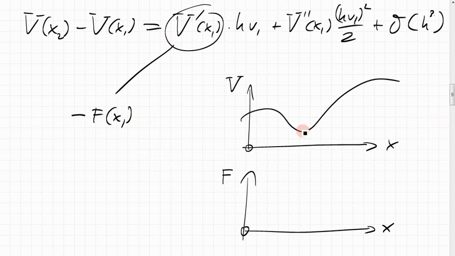When we're sitting here in that valley, and we're trying to move a little left or a little right, we should not be experiencing any force. So the force would be 0 here. Same thing on top of this mountain. If you move left and right on the top of that mountain, you should not be experiencing any force. So force is 0 there.